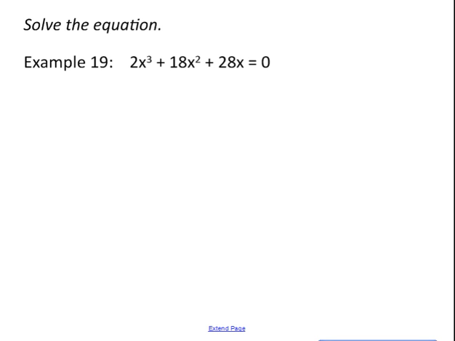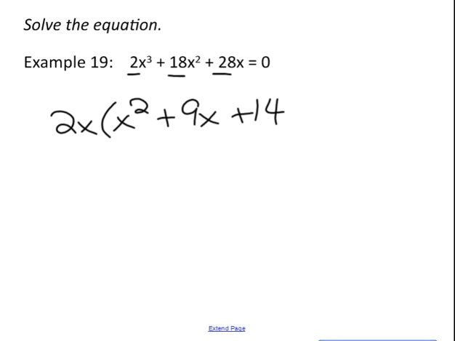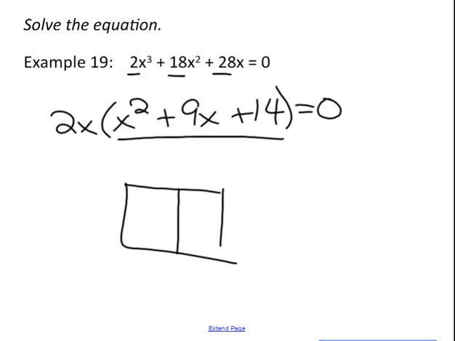Check for GCF. Notice I have 2 will go into all three of those, so will x. So I'm going to divide out 2x. I have x squared plus 9x plus 14 is equal to 0. I still have to factor what's inside, so let's draw a box.